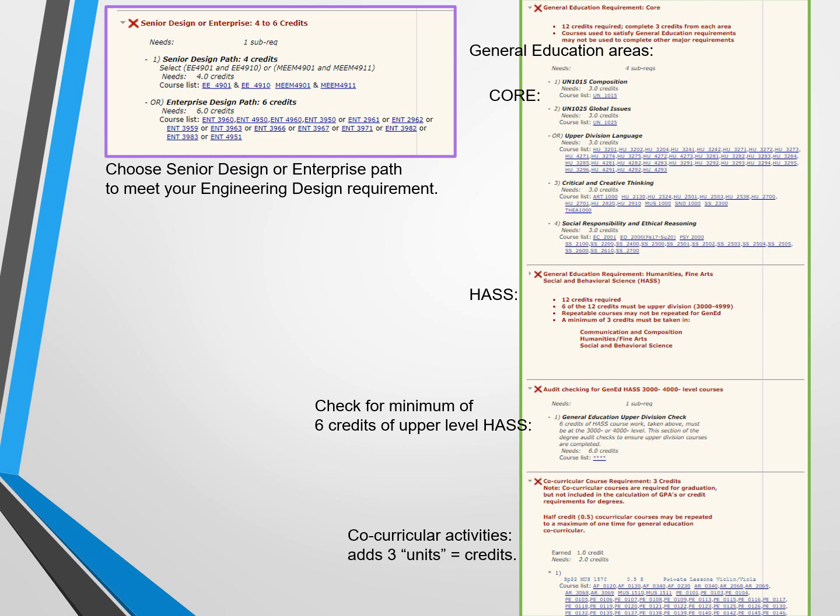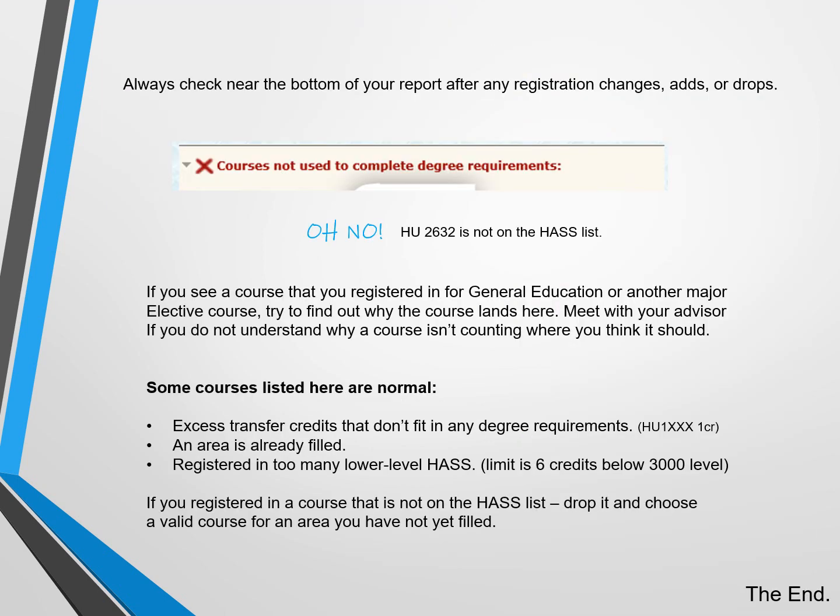Remember to check the core area and HOS areas for valid course choices, because not all HU or economics or social science or music or psychology classes are on the HOS list. Choose valid courses. Near the bottom of your audit report is an area called Courses Not Used to Complete Degree Requirements, with a big red X. This is where invalid courses or extra courses will be listed, so be sure to review that area.